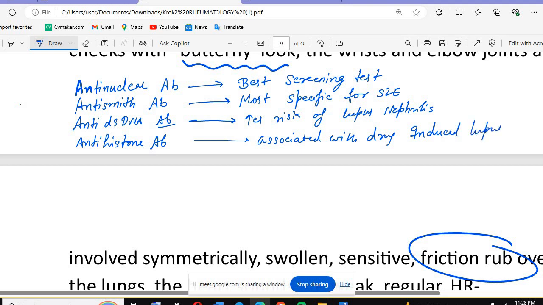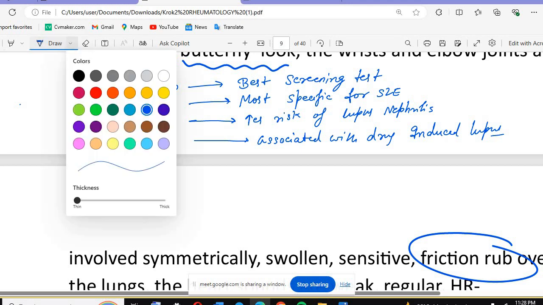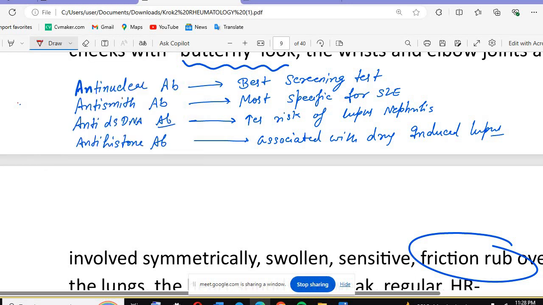Okay, now that we have written drug induced lupus, what are the drugs that cause systemic lupus erythematosus? You have to remember them. These are chlorpromazine, carbamazepine.